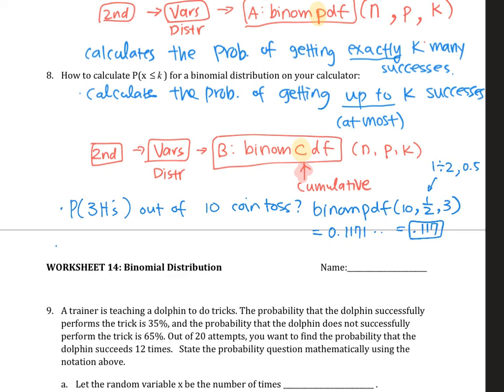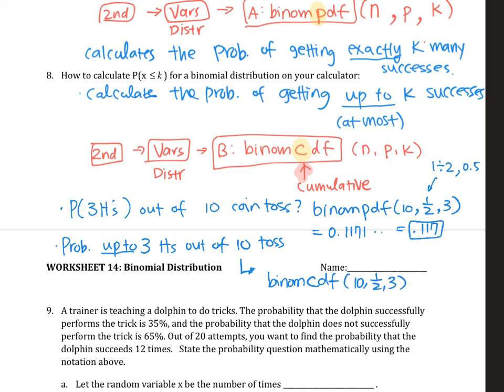If the question was what's the probability that you get up to 3 heads, underline up to, out of 10 coin tosses, in this case, I can do binomCDF because it's up to a certain number. 10, 1/2, and 3. So basically everything else is the same. Here I use PDF.